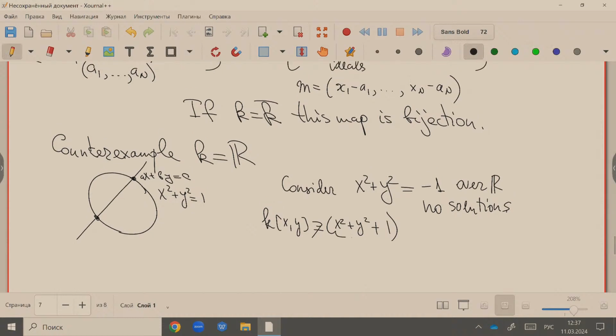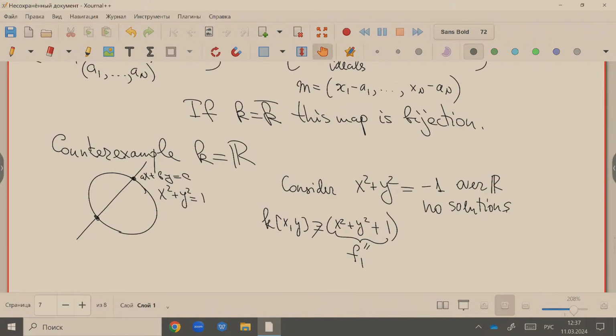In the Hilbert Nullstellensatz, you put f1 to be this equation, and it doesn't have solutions, and at the same time it gives you an ideal that is not the unit ideal.